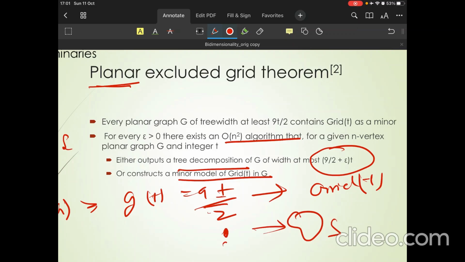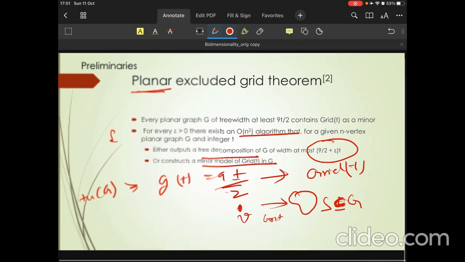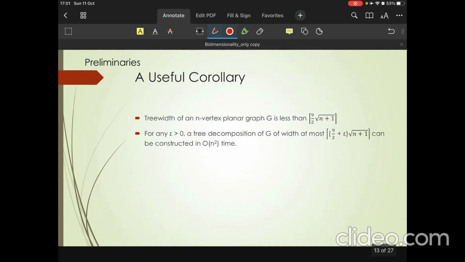You have a mapping from a vertex of grid T, the minor, to a subset of G. It basically means constructing the grid T and saying that it's formed from a series of edge deletions, vertex deletions, or edge contractions from G. So we will be using this algorithm in further proofs.